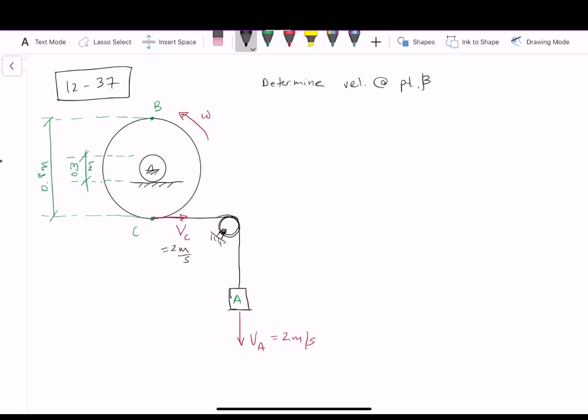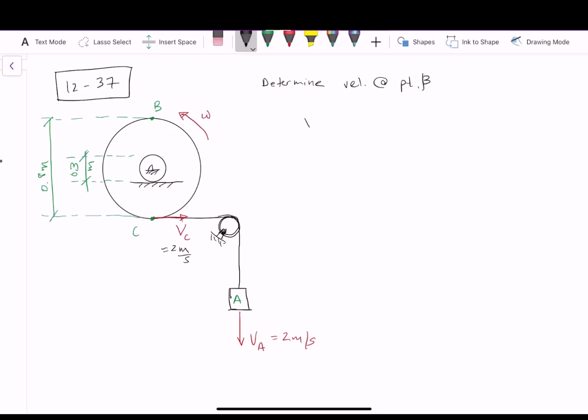So the velocity at C is moving to the right at 2 meters per second. Now from there, we should be able to work our way to velocity at B. Remember, linear velocities are not the same on wheels, but angular velocities are. And so if we can find the angular velocity from the velocity at C, then we should be able to work backwards to the velocity at B.